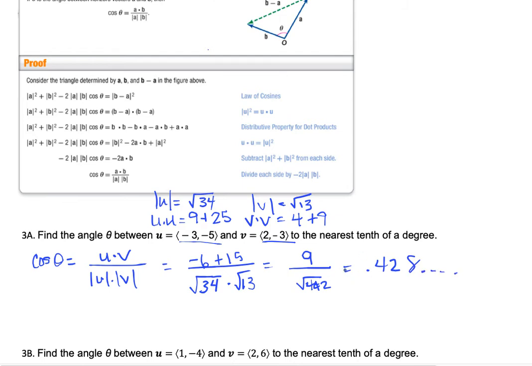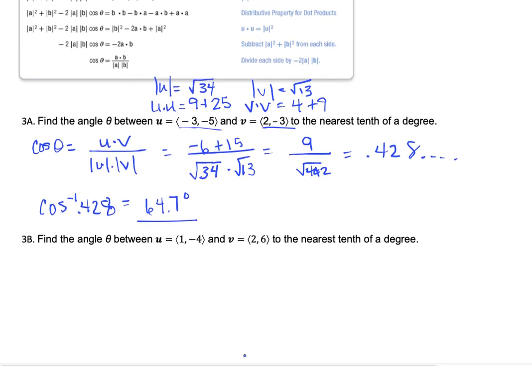So remember, you need to use the inverse cosine. So inverse cosine of that number, that 0.428, that's going to give you your theta, which I get 64.7 degrees, approximately.